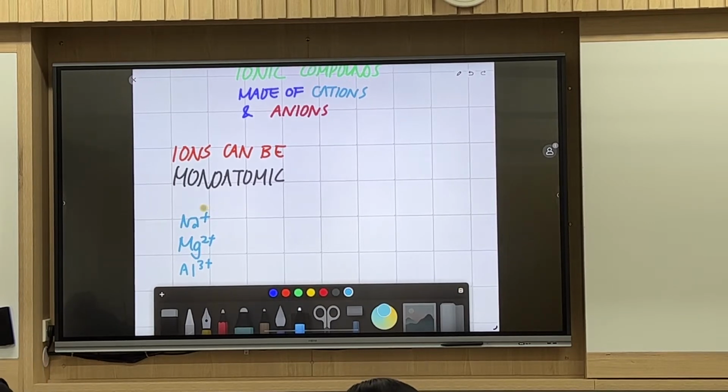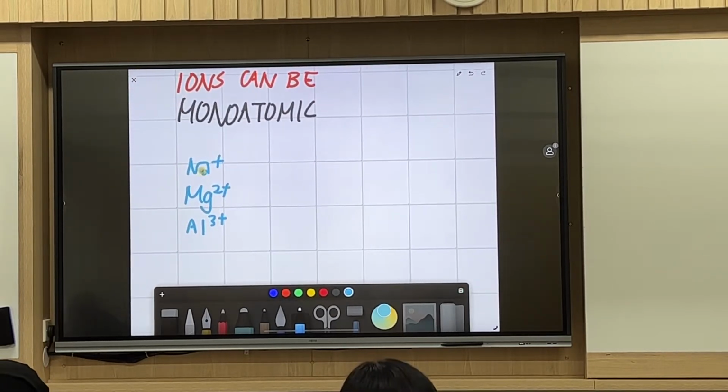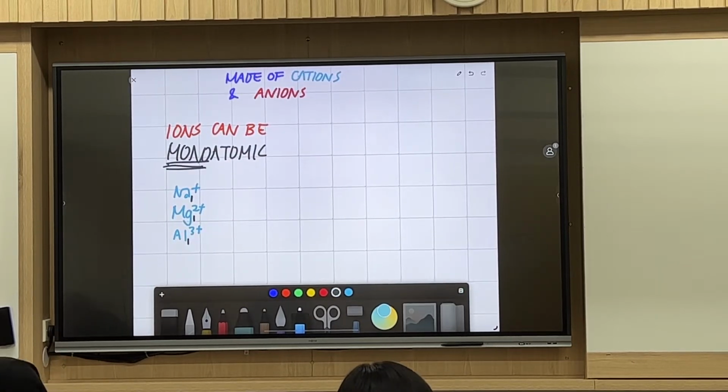What you see on the top right corner, those are the charge. The number of atoms can be found by reading the bottom number. Because you don't see any number here, that means there's only one of each. So therefore the term mono. The word mono describes the atoms. It doesn't describe the charge. So don't be fooled.